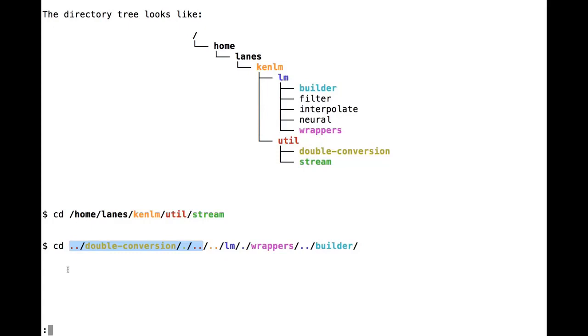The parent of util is kenlm. So, ../double_conversion/../.. refers to /home/lanes/kenlm, which we see colored orange in the tree.